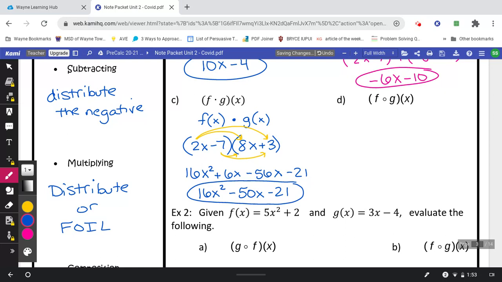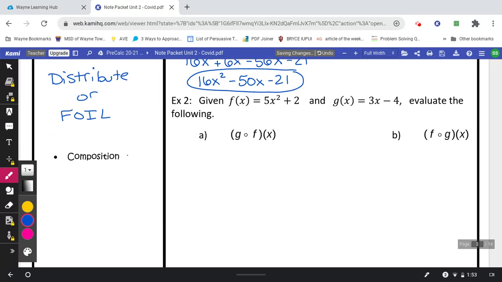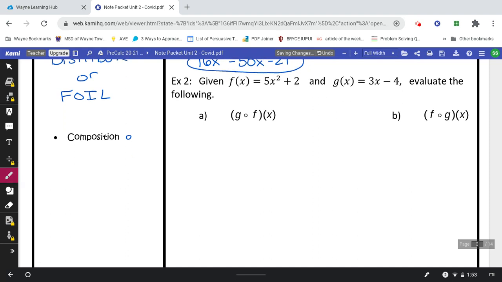So our last one, notice this open circle here. It's not the same as multiplication. That's actually composition. So composition over here on the left is when you have that little open circle. And that means you are going to plug in one function into another.